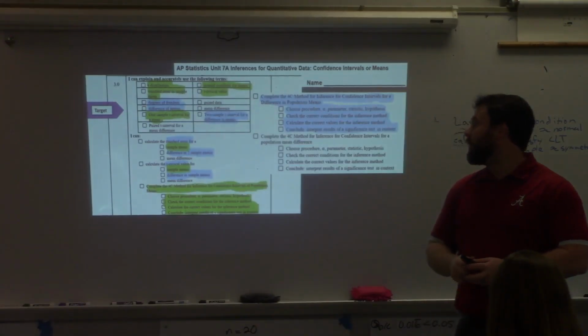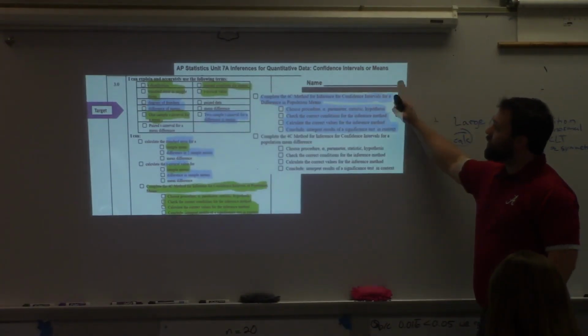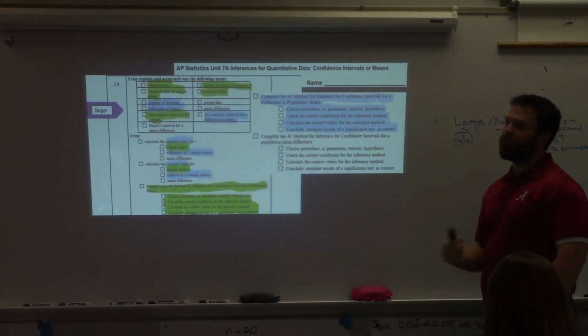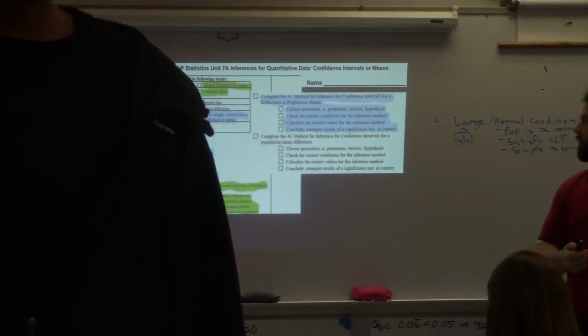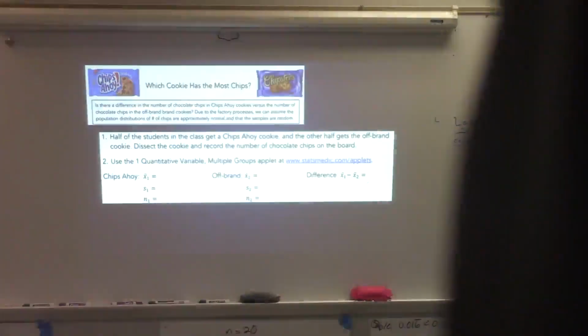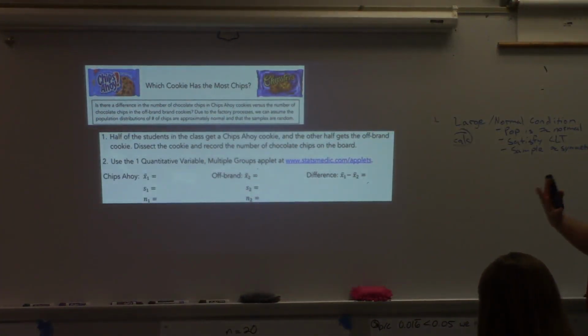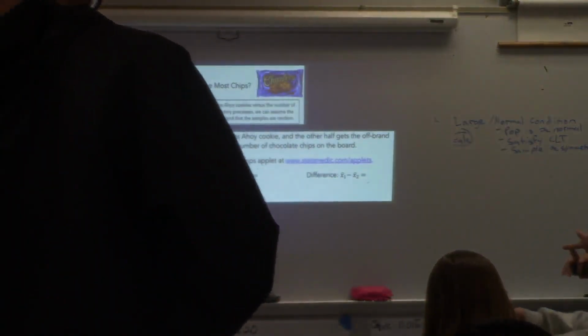one. Sure. All right, so we're gonna move into the 4C method for a difference in population means, or for a confidence interval. And so we're gonna do something a little fun. Instead of half the class getting a Chips Ahoy cookie and the other half getting off-brand, I need you to do this quickly: dissect the cookie and record the number of chocolate chips on the board up here.